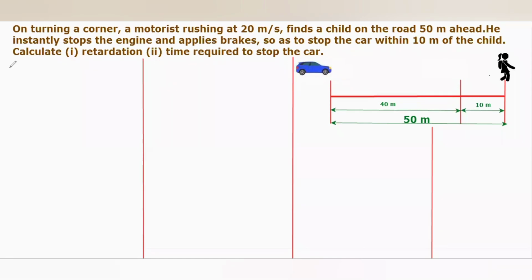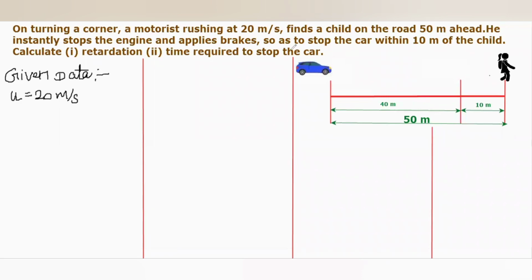First, I'm going to write the given data. Here, the car is initially moving at 20 meters per second. So it will be the initial velocity, which is equal to 20 meters per second.